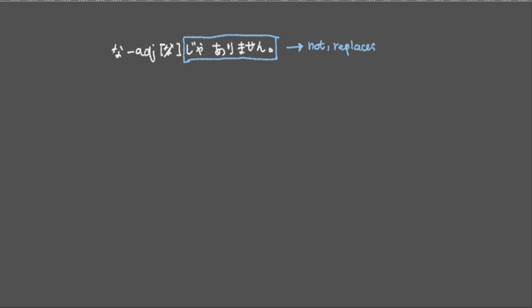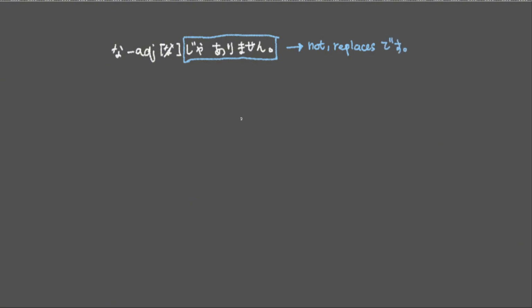Alright. Okay. So na adjective without the na, ja arimasen. Now, essentially, ja arimasen, if you remember in our first semester's classes, means not and replaces desu.